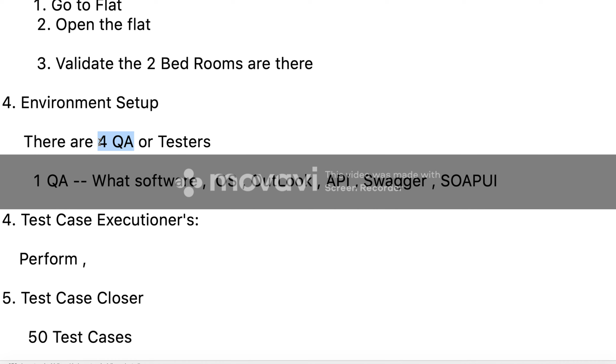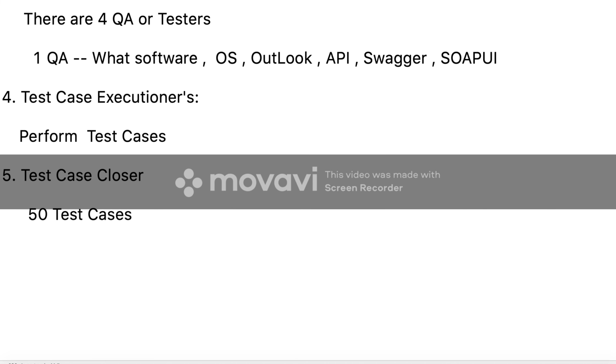Before setting up the environment, you cannot execute the scenario, because if you don't have a machine, how will you perform the test cases? And closure of test cases means, if 5 test cases are there, you need to close the test cases.